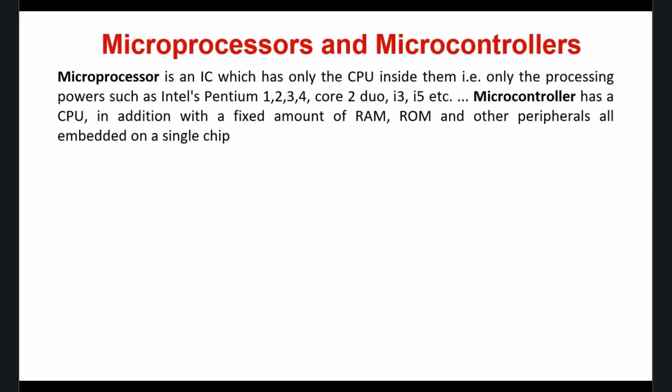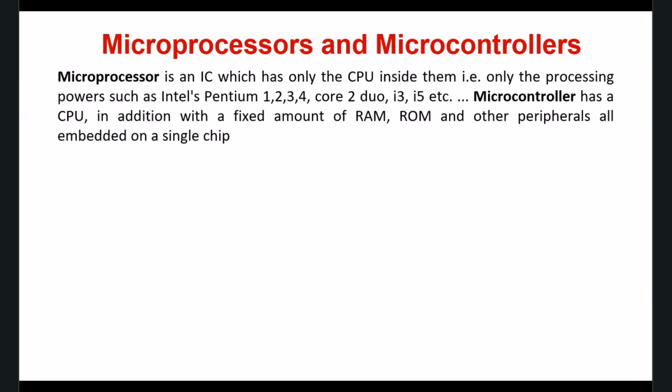In addition, the microcontrollers have a fixed amount of memory like RAM and ROM, and the capability to be connected with other peripheral devices inside. Now you will say, sir, the microprocessor also has memory.